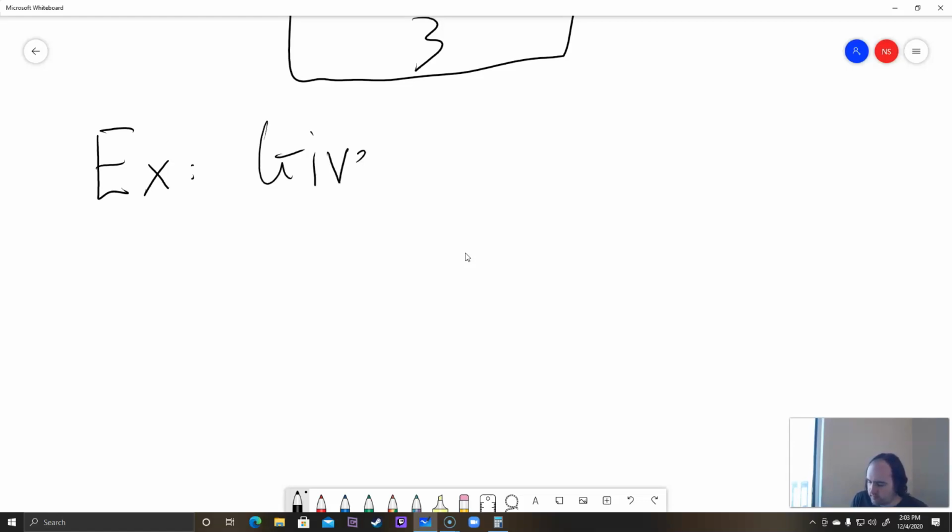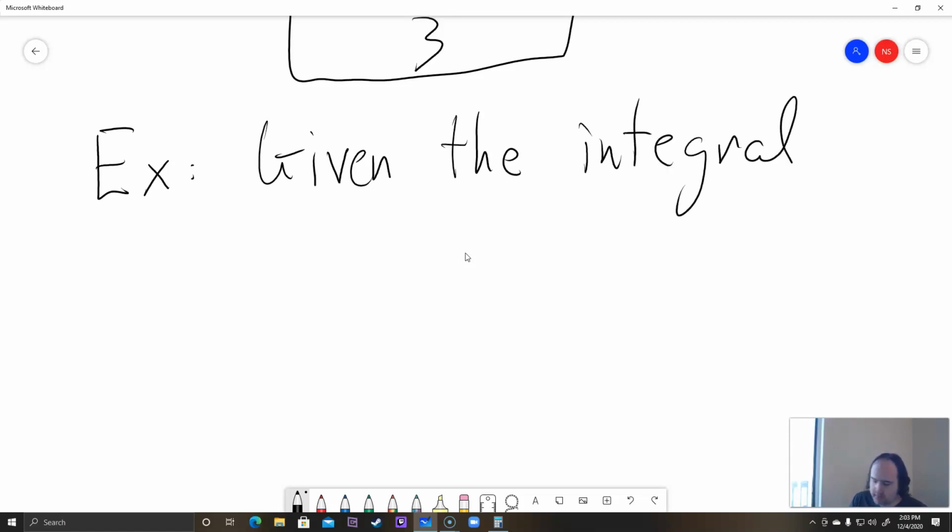Given the integral, this one's a double integral from negative pi over 4 to pi over 4, and from 0 to cosine of t.